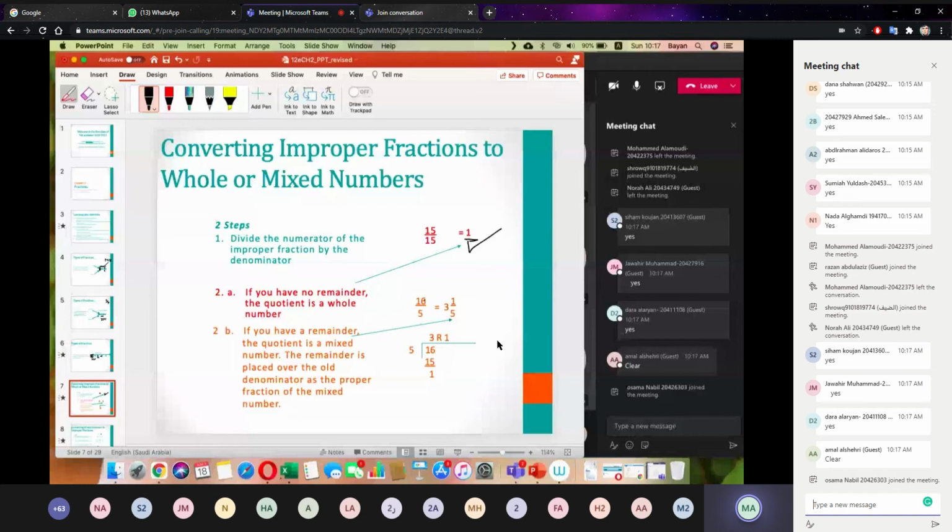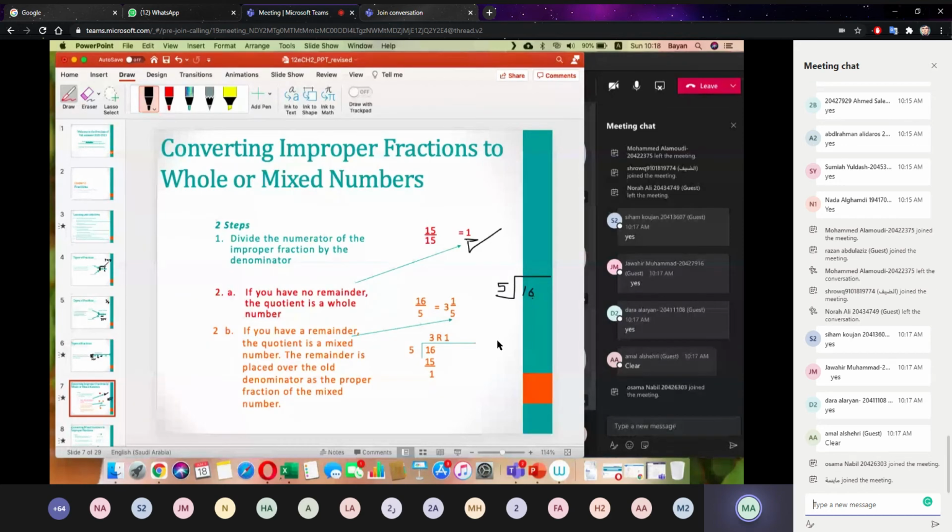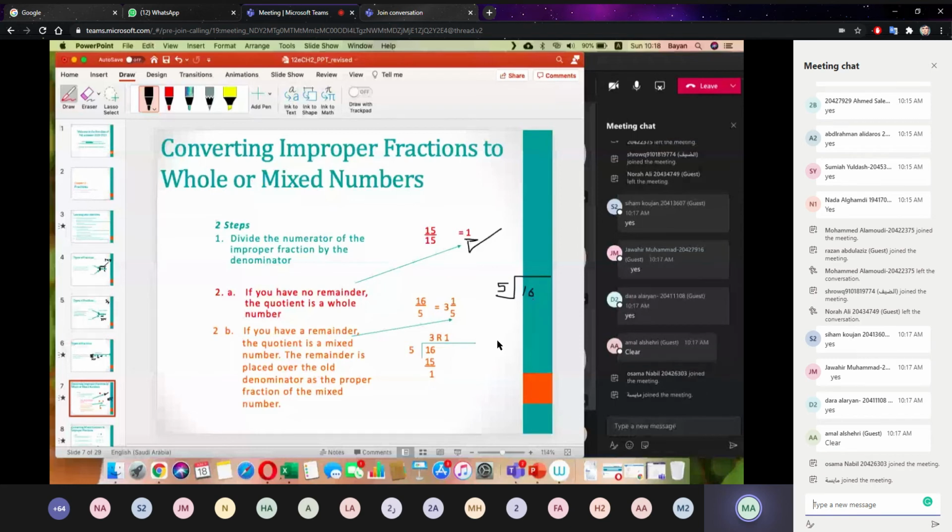Here we have 16/5. We should convert it to become whole or mixed number. Divide 16 by 5. So, which value multiplied by 5 give you 16? There is no value multiplied by 5 give you 16.